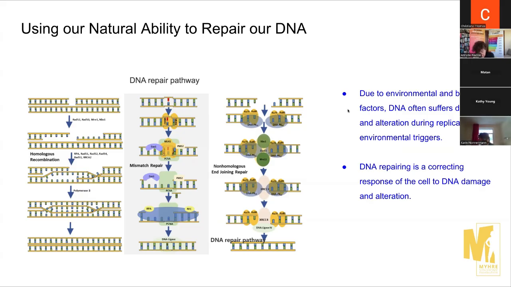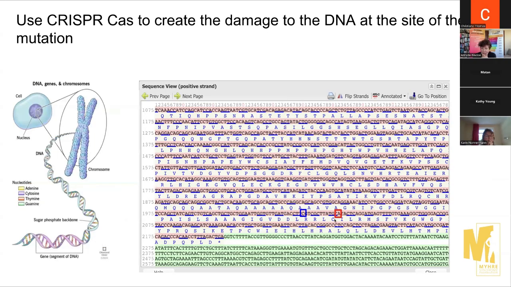We have 4 or 5 different ways to repair our own DNA. So the principle that we want to use in the case of Myhre is to trigger damage at the site and then let the body repair itself. So the idea is to target where the mutation is, trigger the damage, and then let the body repair.